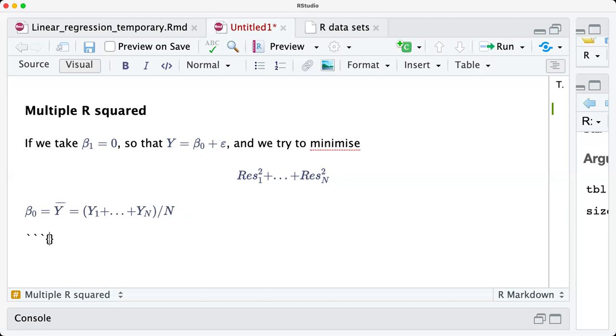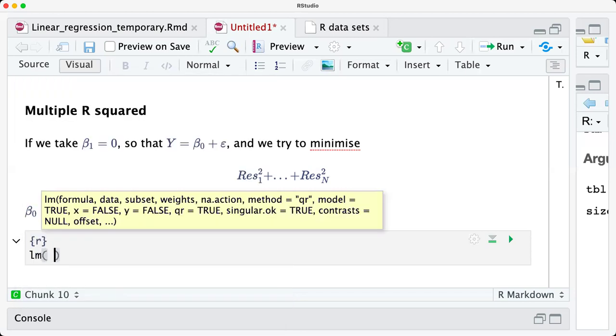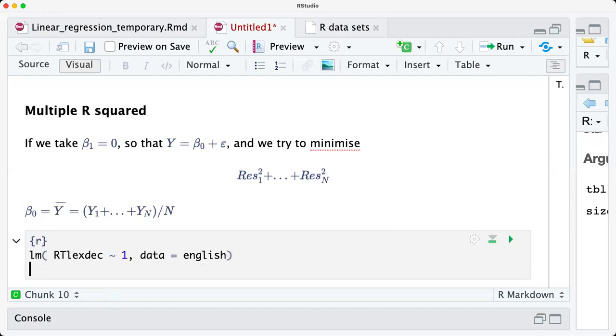Let's do the computation. Let's take a linear model in which we try to predict the reaction time of the lexical decision using a constant, and let's save this into model 2. It will for sure be a worse model.